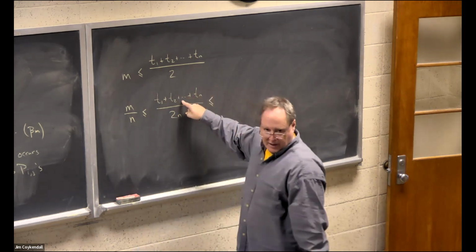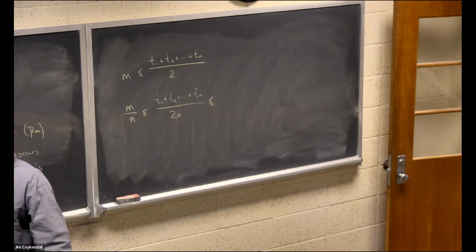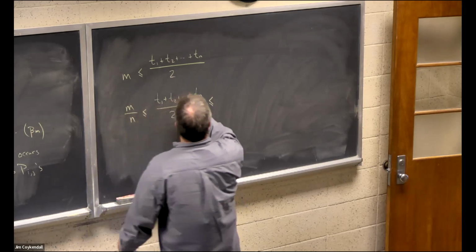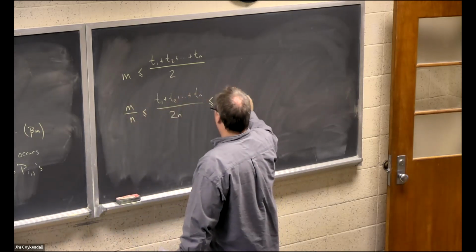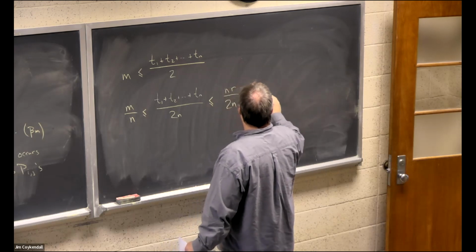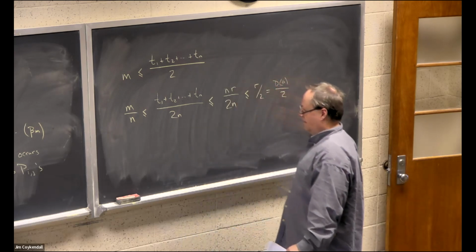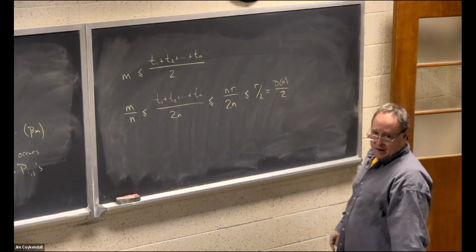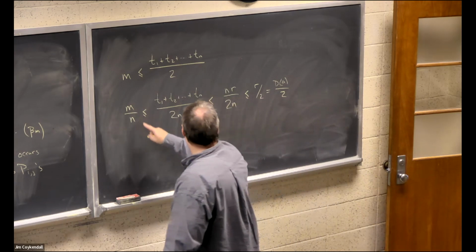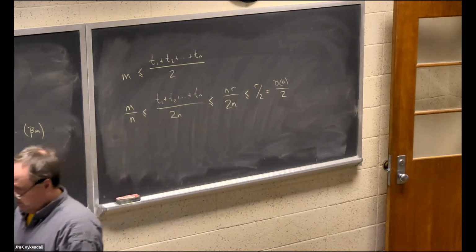Now each Ti is no more than the Davenport constant. So this is upper bounded by N times R, which is less than or equal to R over 2. So in other words, every one of these ratios is less than or equal to dg over 2.